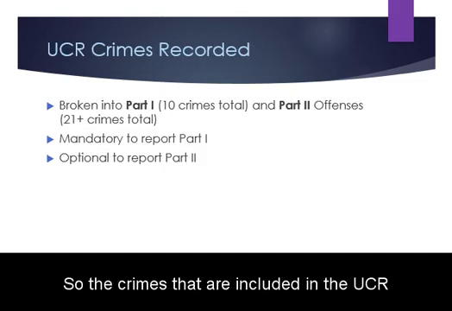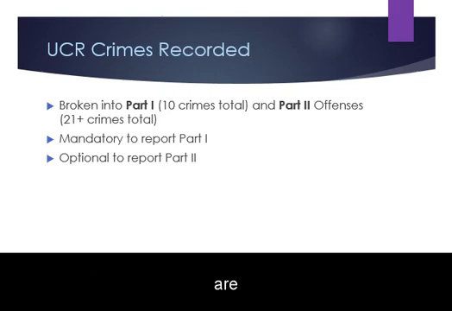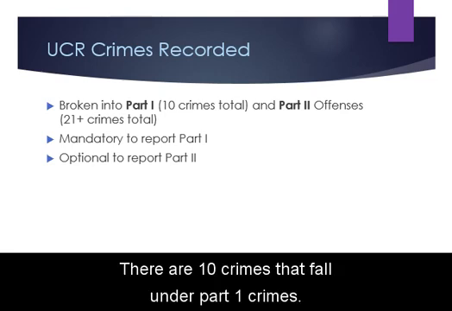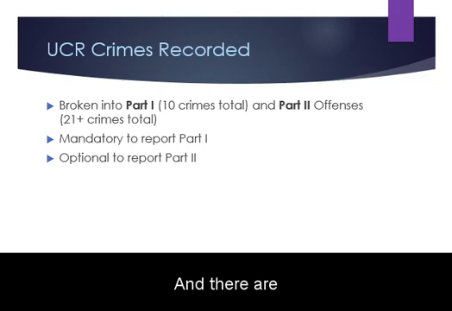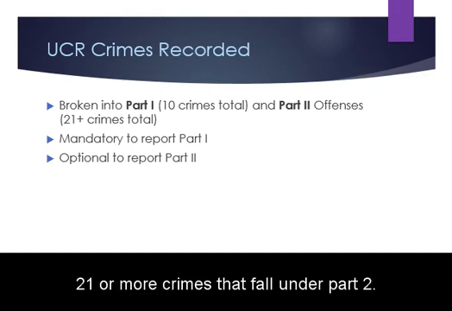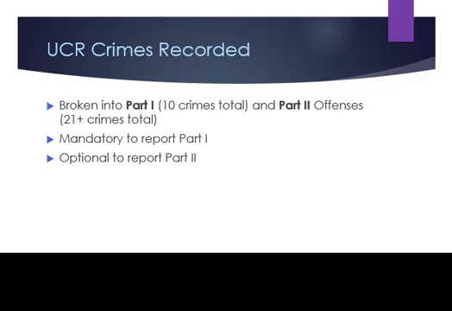So the crimes that are included in the UCR are broken down into different types. So it includes Part 1 and Part 2 crimes or offenses. There are 10 crimes that fall under Part 1 crimes, and there are 21 or more crimes that fall under Part 2 offenses.